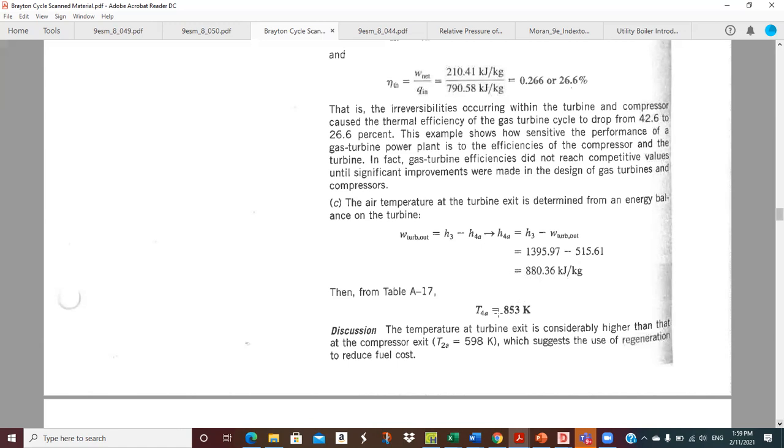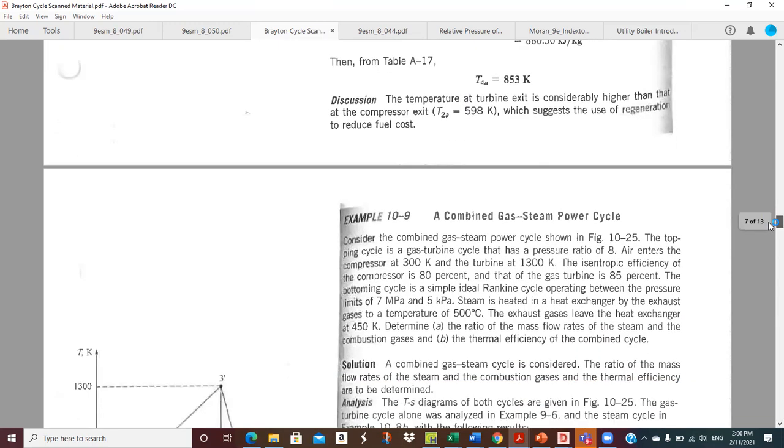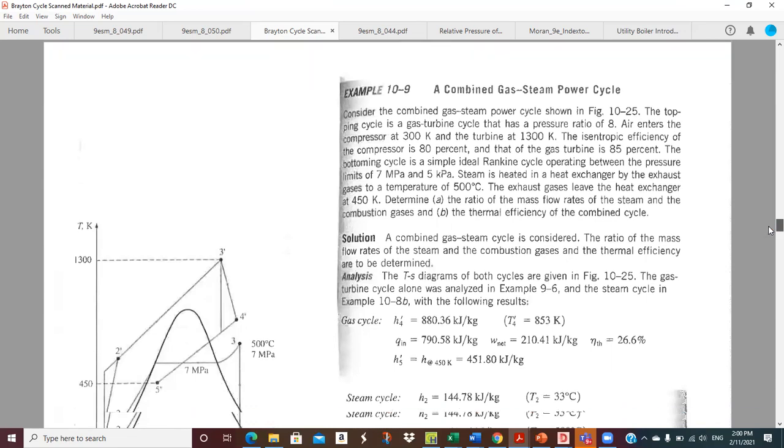And then he goes back and looks up the temperature just to show how the temperature changes when you have the isentropic efficiency present. Okay, well, that's enough. There's another example on here, which is a small combined cycle.